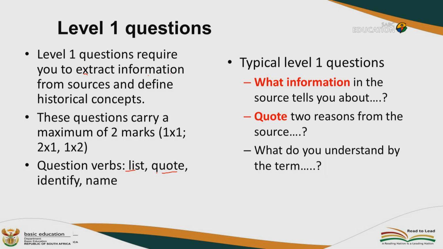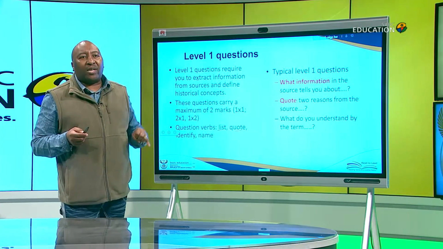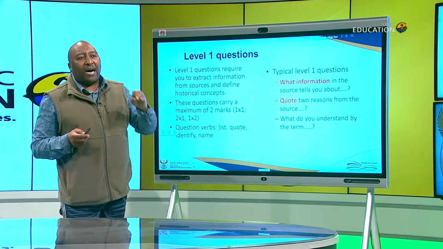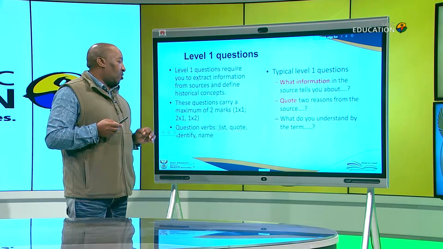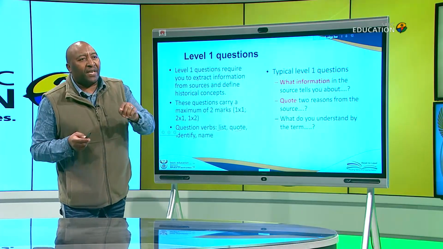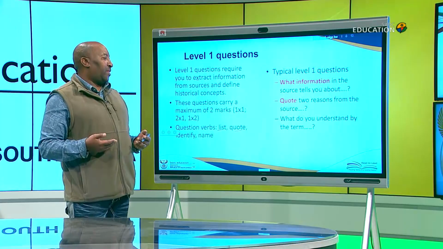Now, these question verbs are simple question verbs because remember, when you set a source-based question, we move from simple to complex. So the simple part is that you list according to the source, name according to the source, identify from the source, or give reasons from the source, or name 2 things from the source.